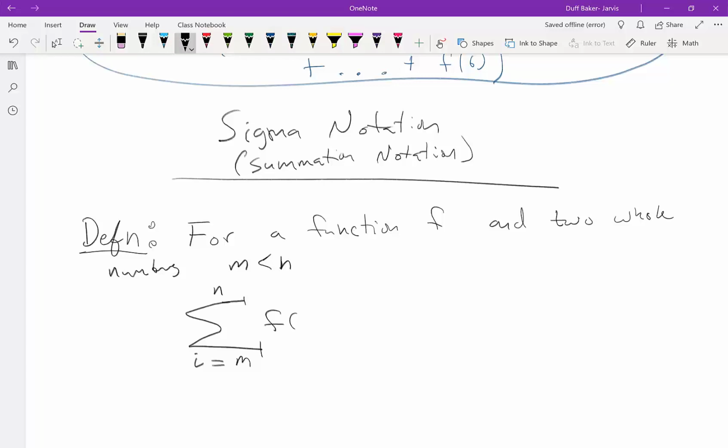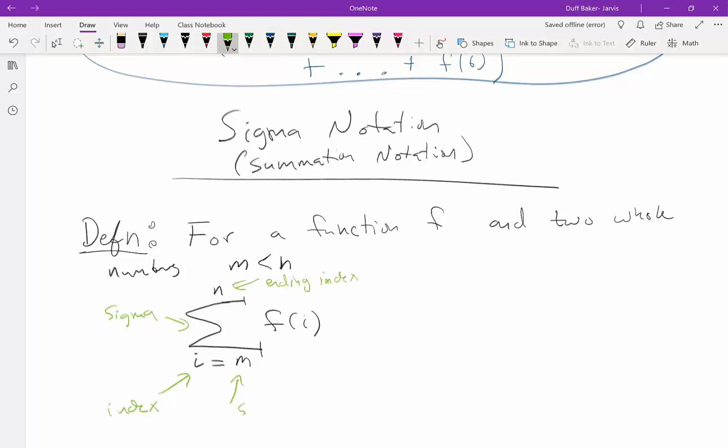And then you put your function here, like an argument. And so this thing itself is called a sigma. The n at the top is the ending index. i is the index.